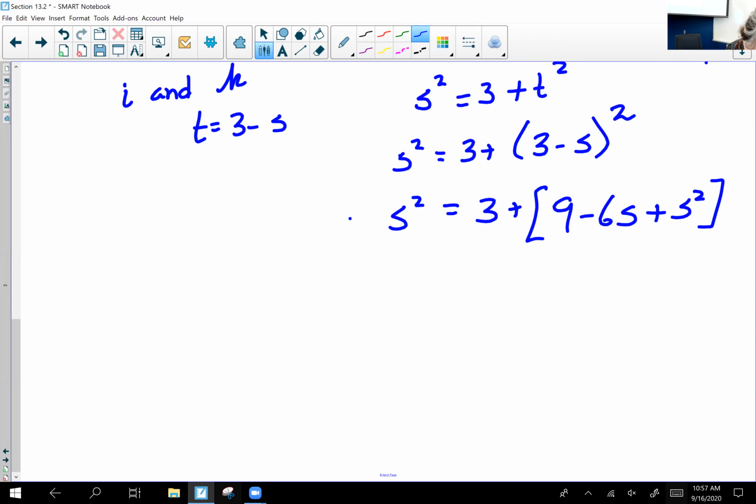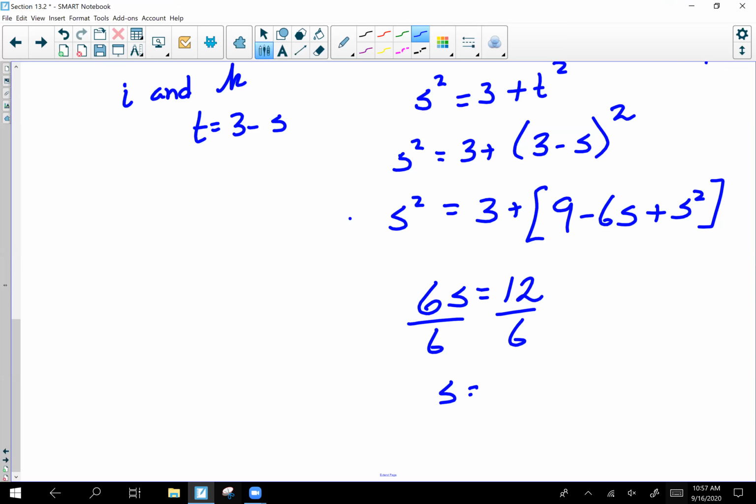All right, so if we move that s squared over, we're going to end up with 6s equals 12. Isn't s squared equal to 3 plus t cubed?